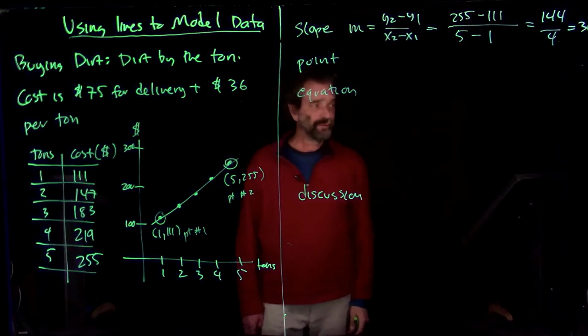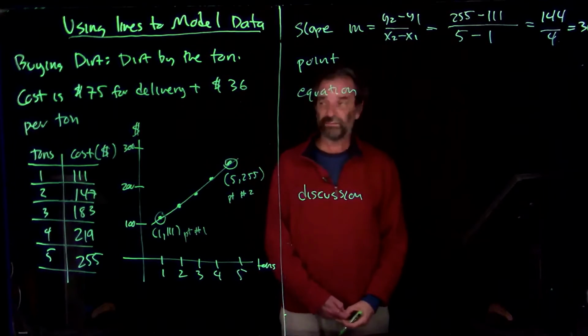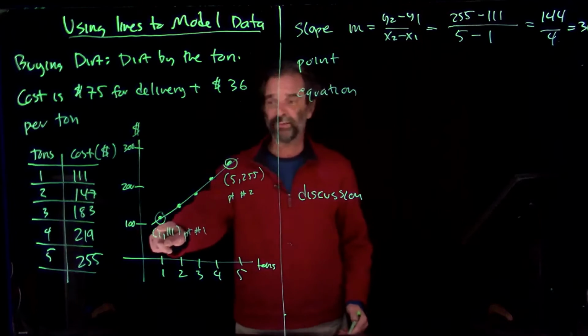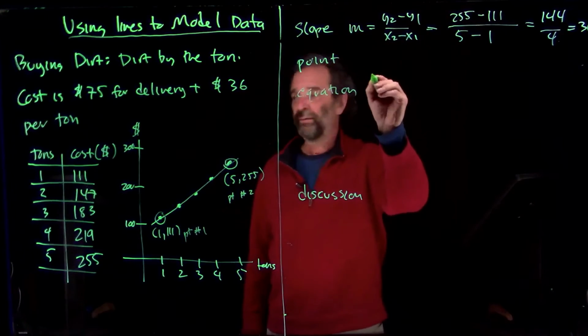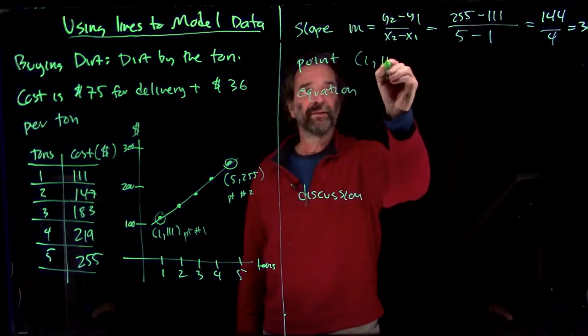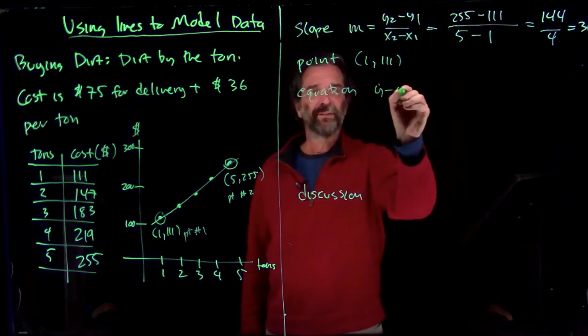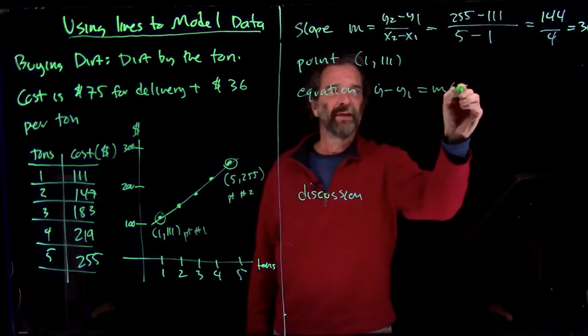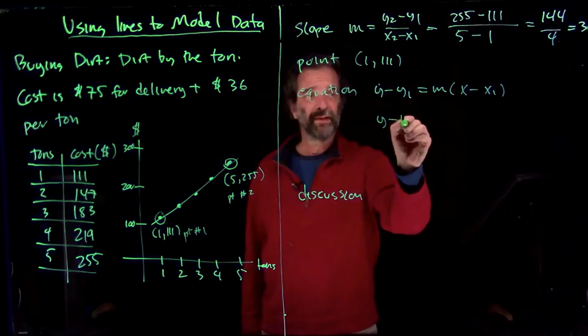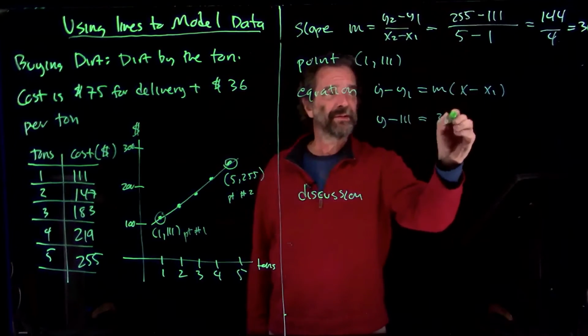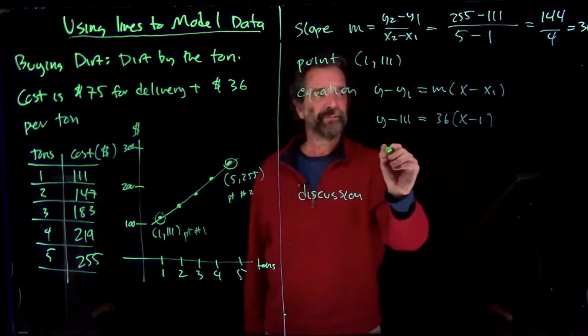We'll take a point though. Which point do you want to use? One of those points. I guess I'll just use this one. So that's 1, 111. And y minus y1 is m times x minus x1 like that. That's y minus 111 equals 36 times x minus 1.